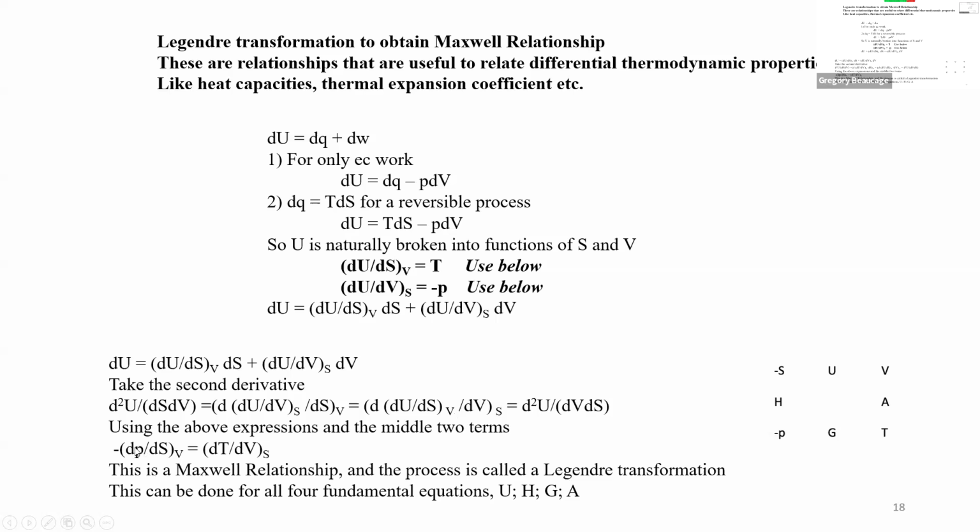So if you swap in P and T here, you end up with dP/dS at V, which is the Maxwell. So the whole Legendre transform is to mess around to get the differential equation, write it in terms of differential terms, and take the second derivative. Then if you held the other one constant, you end up with these two expressions, and plugging in what those partial differentials are, you end up with the Maxwell relation from it.